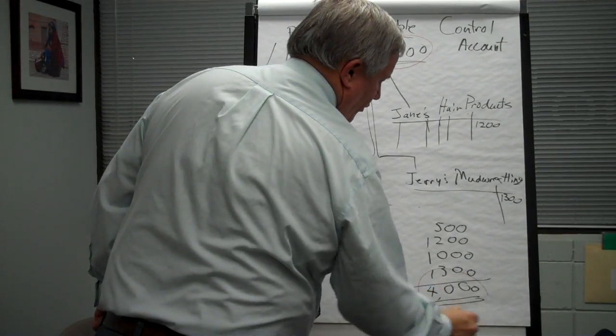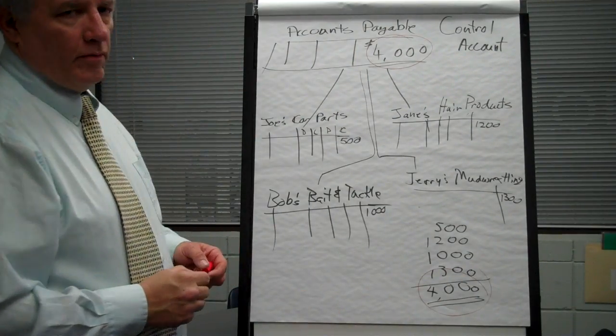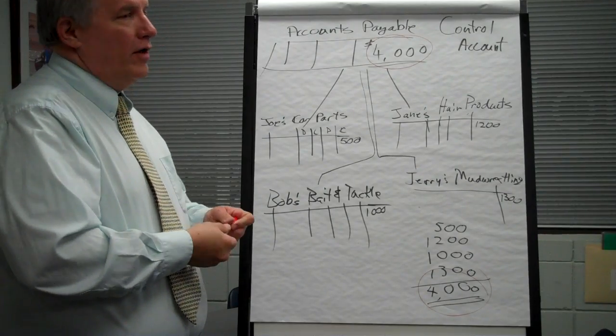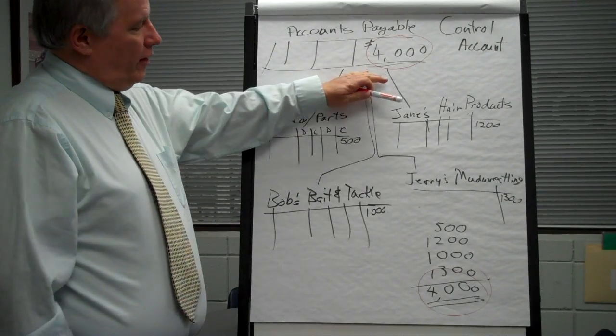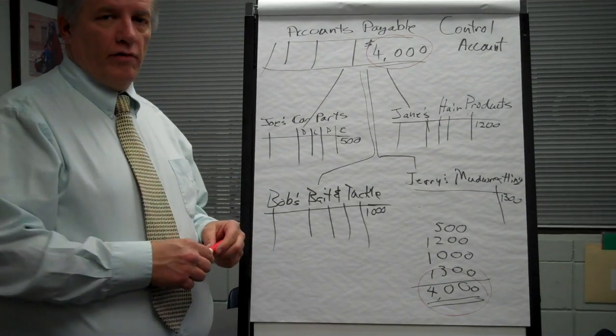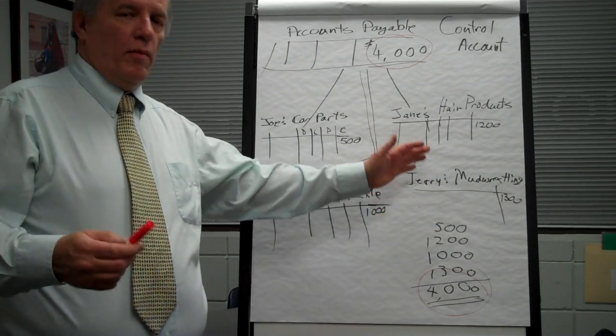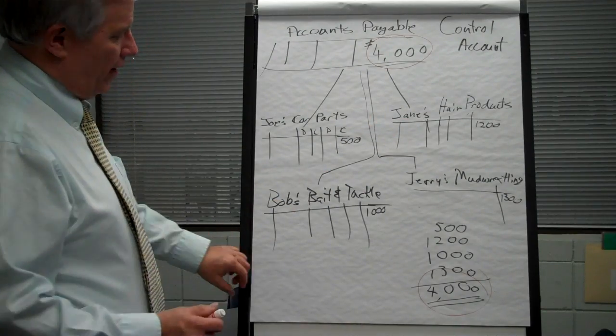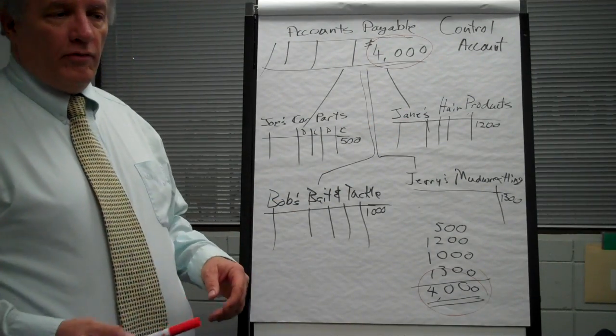The subsidiary ledger supports the number in the general ledger. This will not show up on the general ledger. It's something I'm going to keep internally. Nobody outside the company needs to know all this.